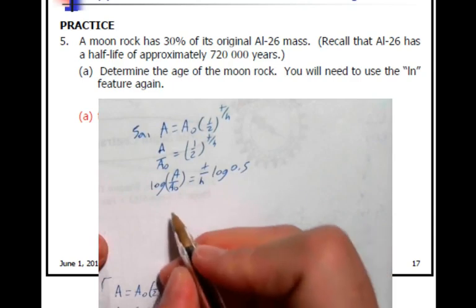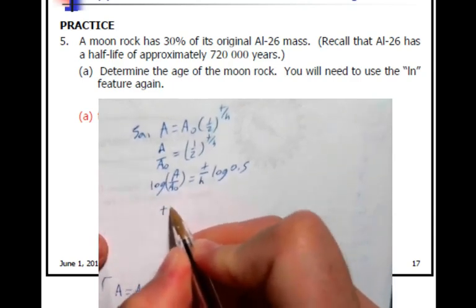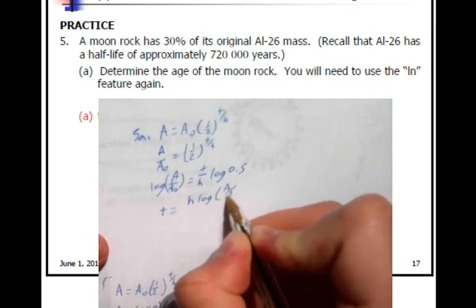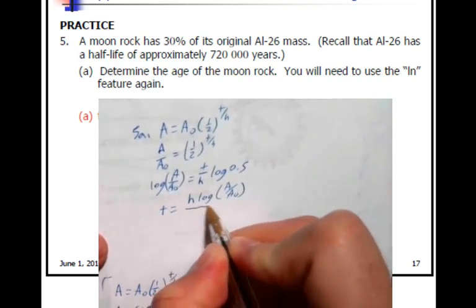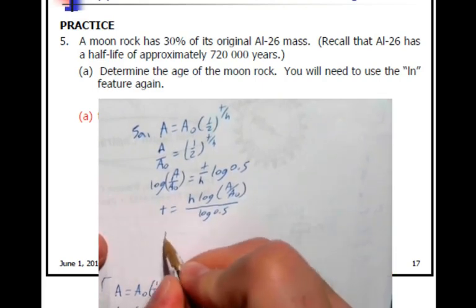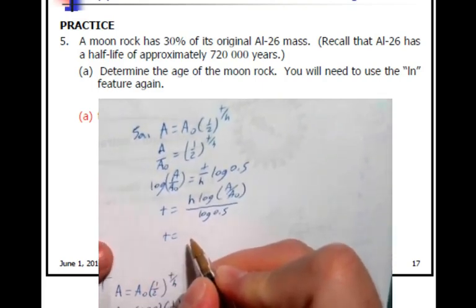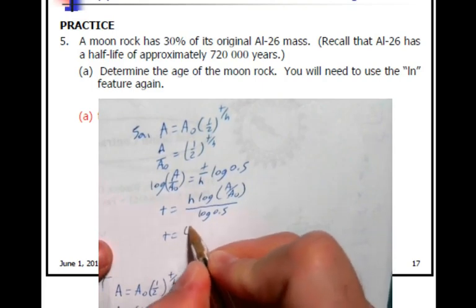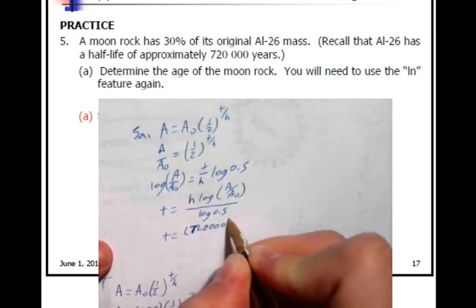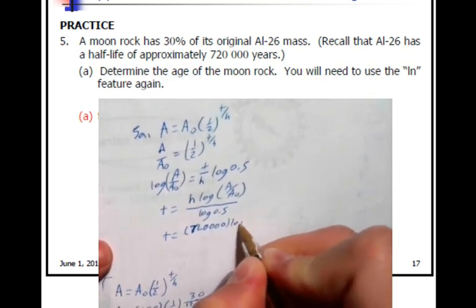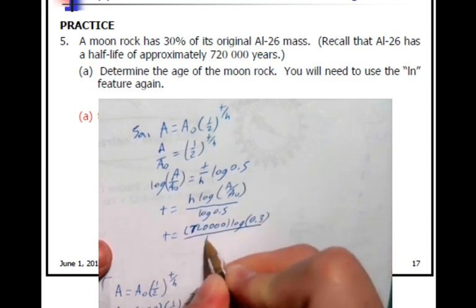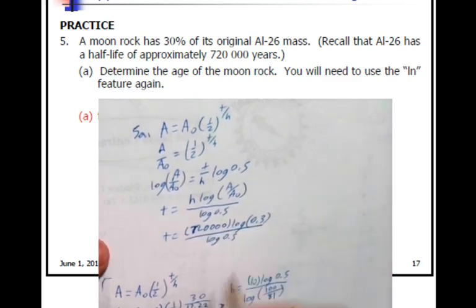And then we will isolate for the T. So this becomes T equals H log of A over A naught over log of 0.5. And we'll substitute H, the half-life is 720,000. Log of 30% is 0.3 divided by log of 0.5.